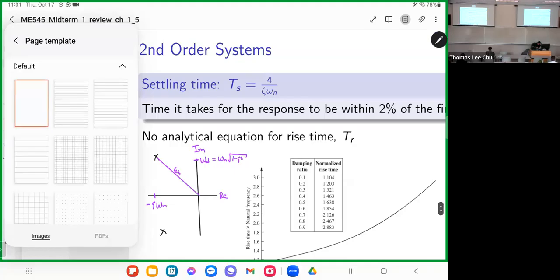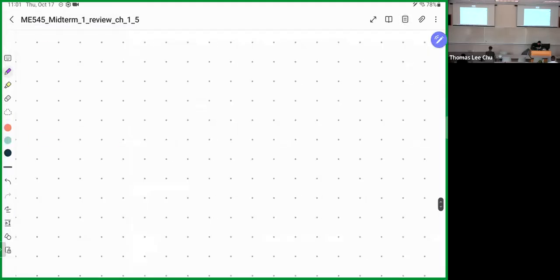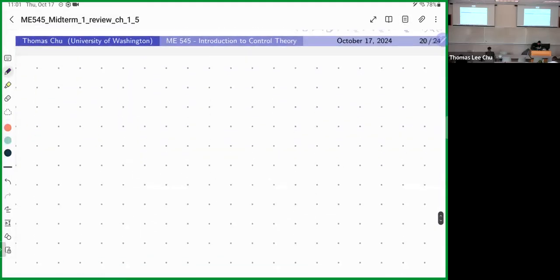All right. One thing I want to talk about is DC gain because I feel like I talked about it, but I never wrote it down formally. So the way I find DC gain is by applying the final value theorem. And I'll explain why this works.